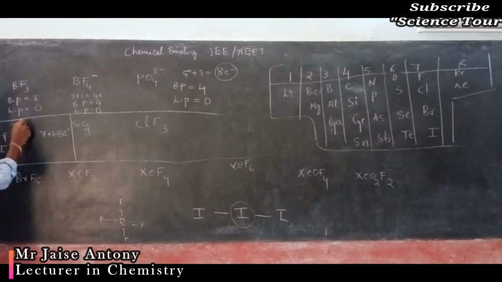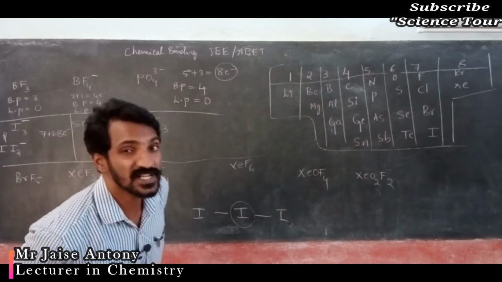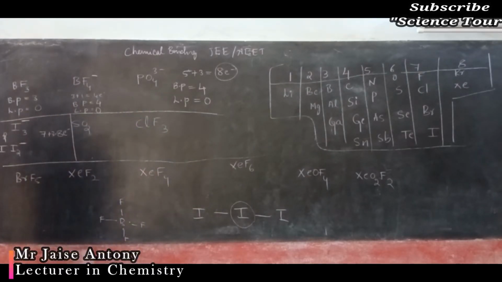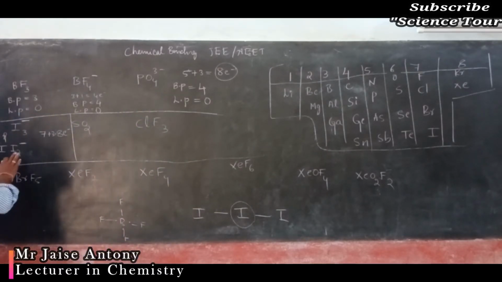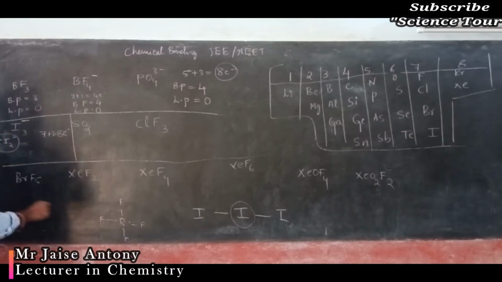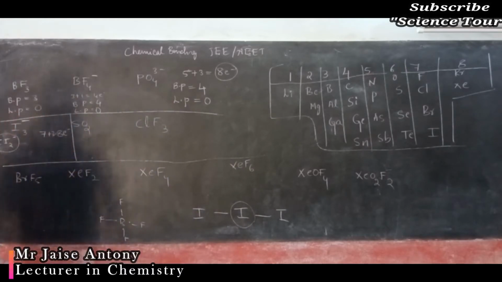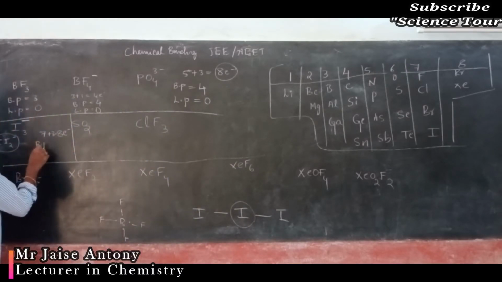Here the minus is there, I3 minus, so 7 plus 1 gives 8 electrons. So my dear students, how many bonds does it form? It forms 2 bonds with the 2 iodines. That means the number of bond pairs is 2.